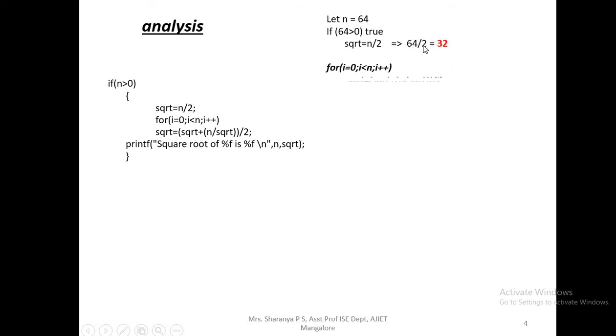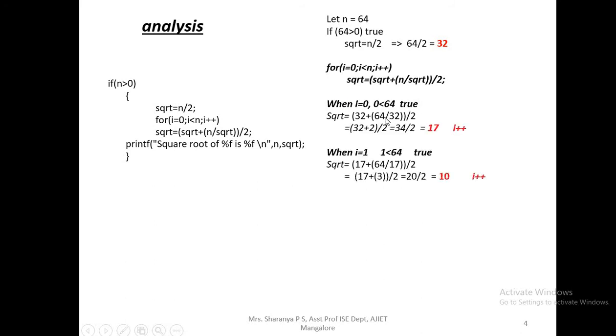That is referred for the next step, that is for loop I equal to 0, I is less than n, I plus plus, and it once again finds the square root and it will be stored in variable sqrt. And when I equal to 0, this is how it will be calculated. sqrt refers to the 32 number plus 64 divided by 32 and whole divided by 2.